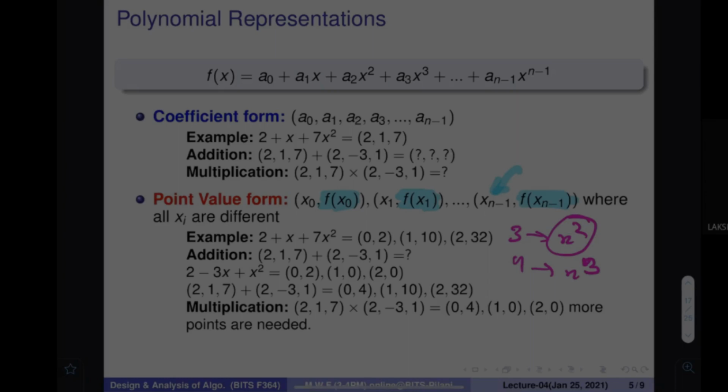If more points are there, you can make a higher degree polynomial, x to the power 5, 6, whatever, and with n points you can go up to x to the power n minus 1. But if you use points that lie on the same earlier constructed polynomial, then increasing the number of points will not increase the degree. The polynomial degree would increase only if the points are not on the previous curve.